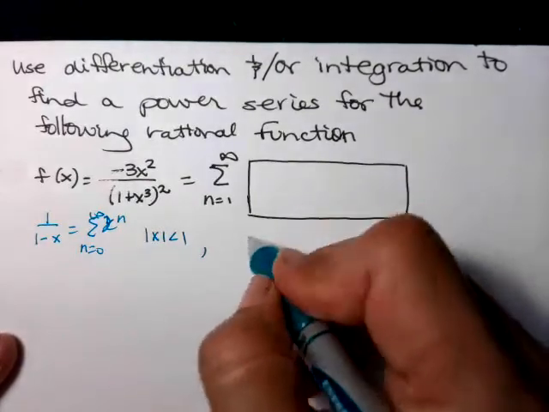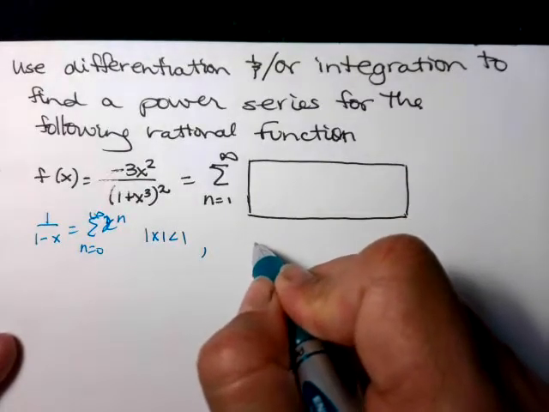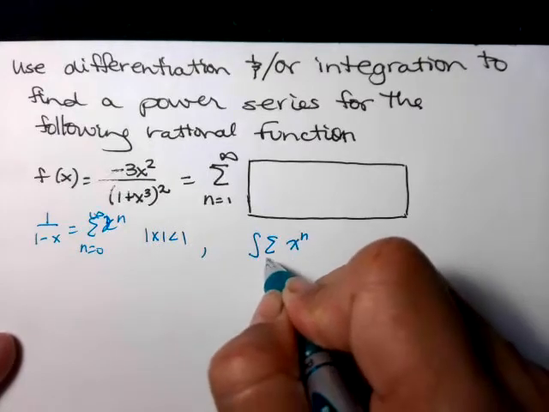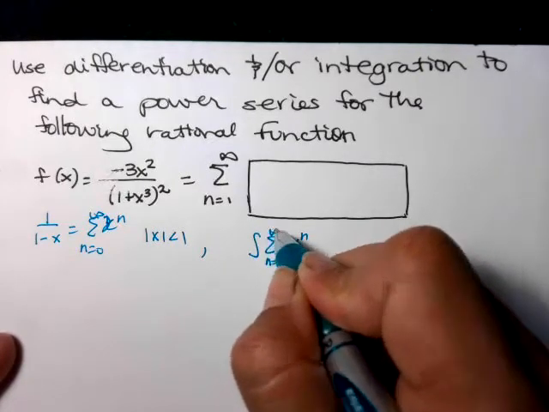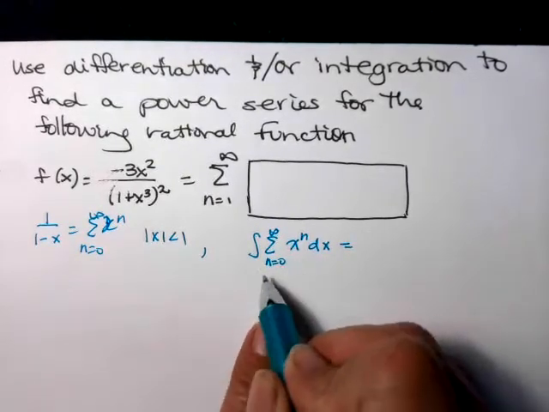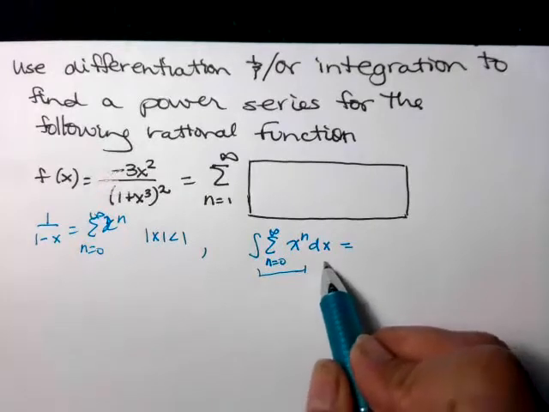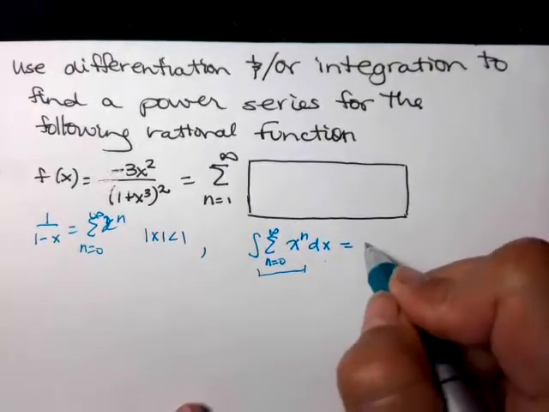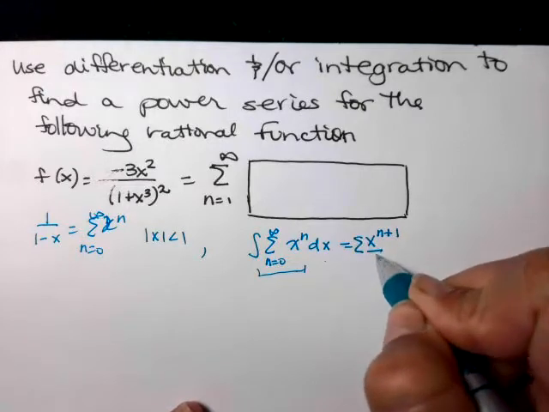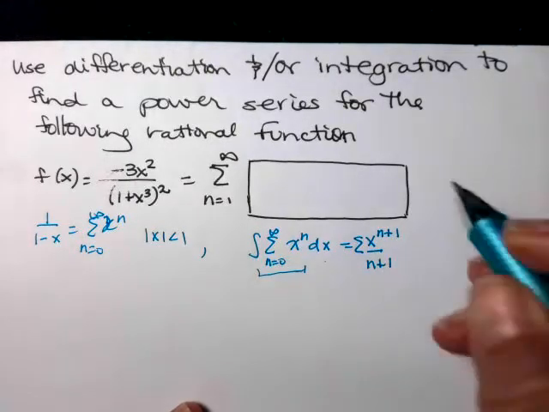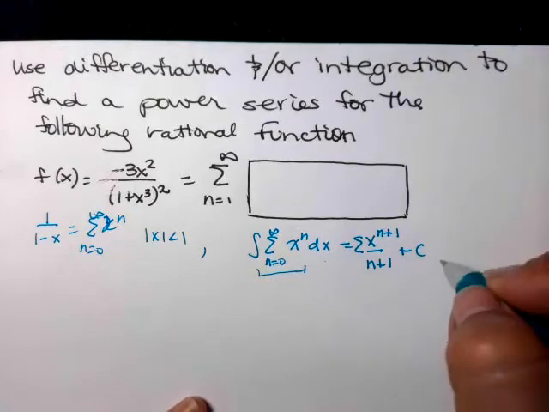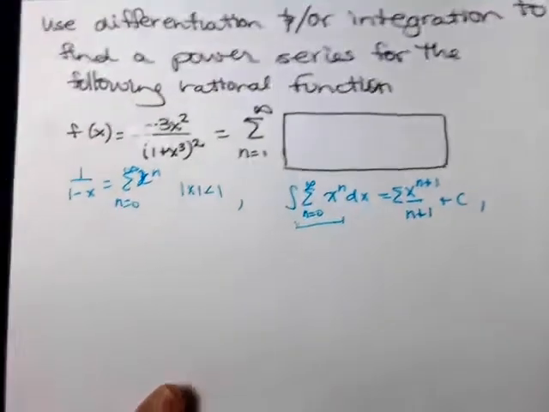And we know that we can integrate a series with respect to x, and then what we get is the antiderivative, just like we do with power series, and then you can have a constant.